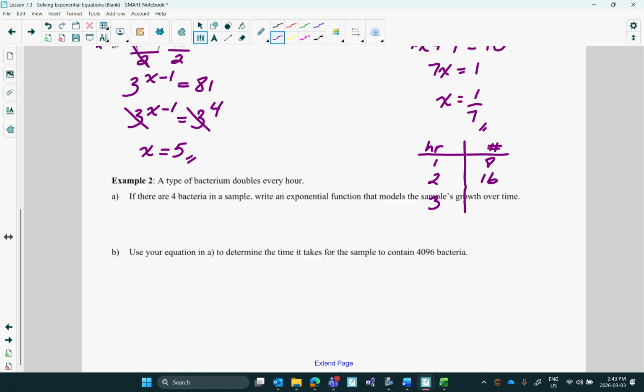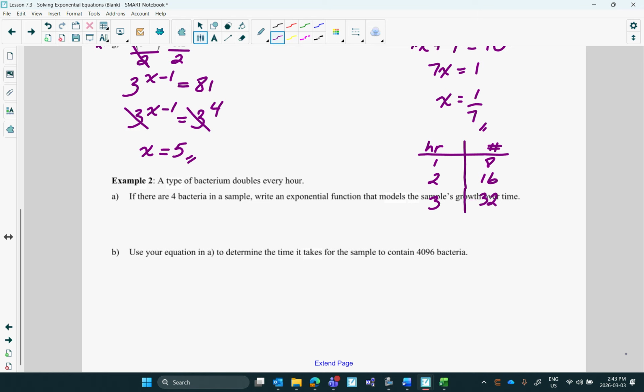So how do I translate that to an expression? It's doubling, but I also have to include where I start.